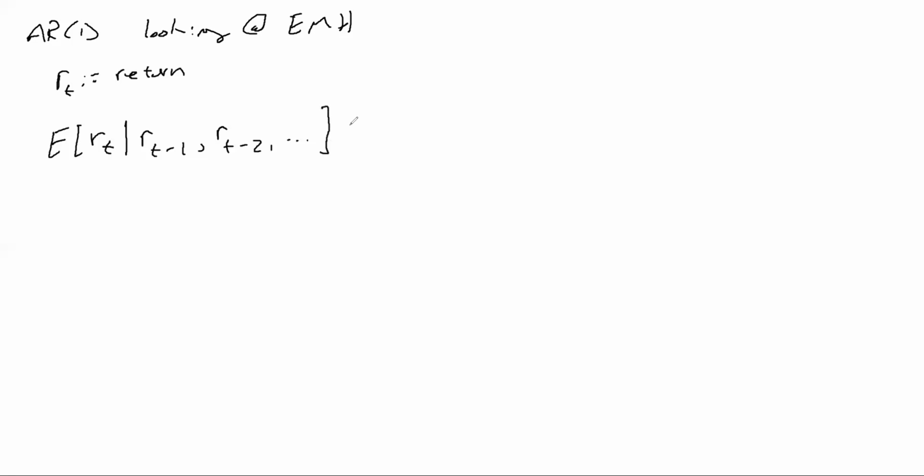We're looking at weekly returns. We're saying that the expected value of the return this week, given historical weekly returns, should still only be the expected value of this week. If this is false, and previous weekly returns could be used to predict future returns, then that would violate the efficient market hypothesis.